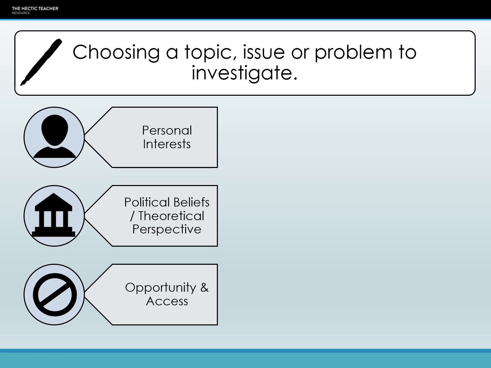Things like that. So are they going to be able to find people within the research population that they want to research? Are they looking at something that's perhaps a secret or hidden? For example, some sort of sexual fetish or kink. Not something people advertise about themselves, so it could cause issues in accessing your participants.